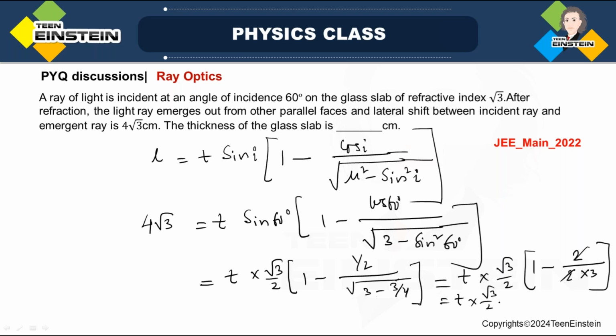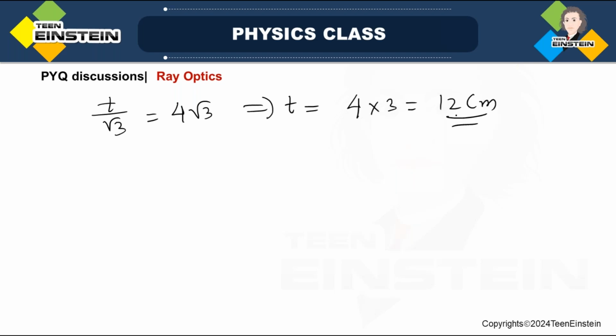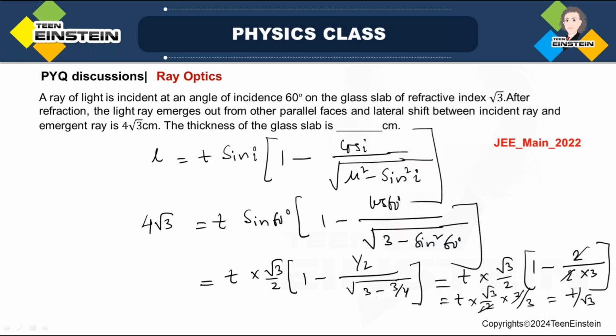So 3 by 2 into 2 by 3... okay, so this will be t by root over 3. So we have got t by root over 3 is equal to 4 root over 3. This implies that t will be 12 centimeter, and this is actually the answer. Okay, so 12 centimeter is the answer.